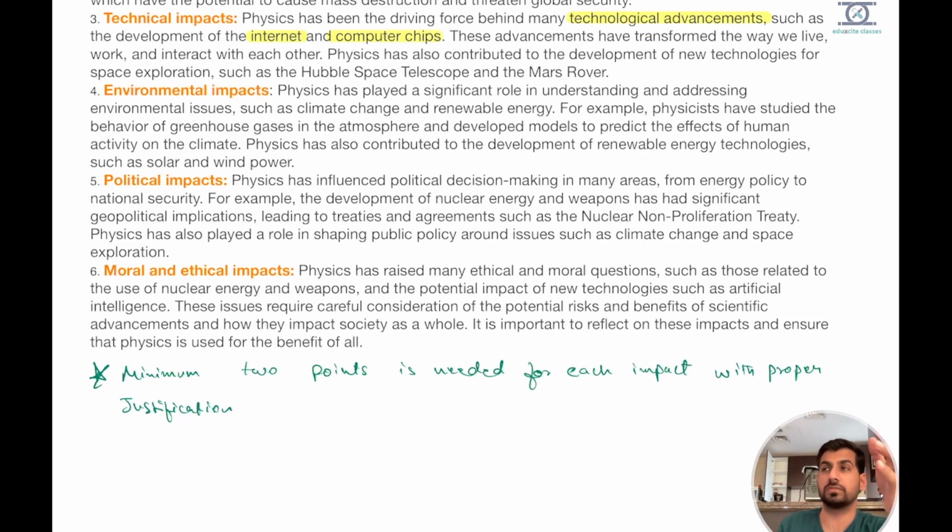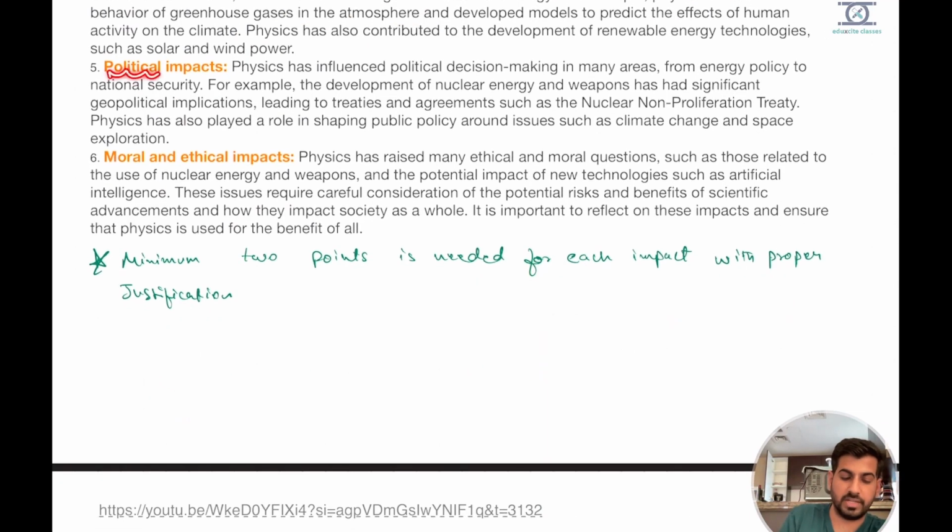In that also you can use your prior knowledge of your MYP, like you can add the greenhouse gas effect, you can add nuclear waste disposal, how it is impacting, and all those kinds of things. So you have to provide a justification using your prior knowledge, if it is possible to link your knowledge with that particular question.